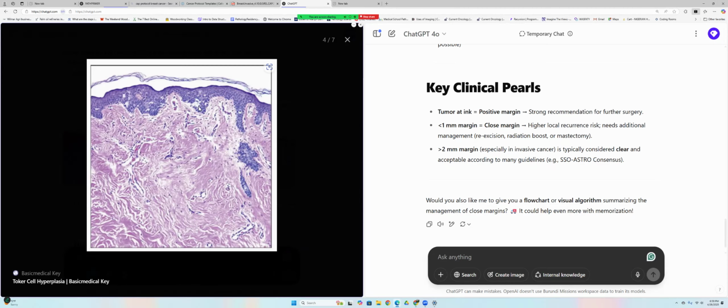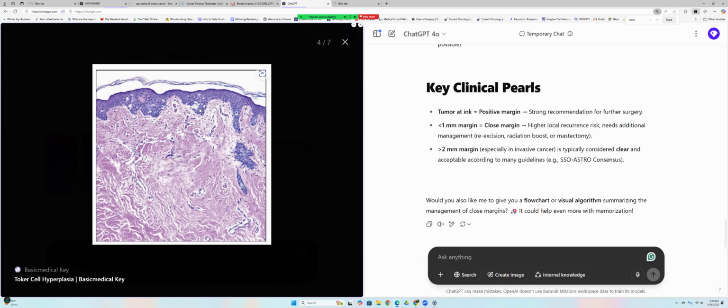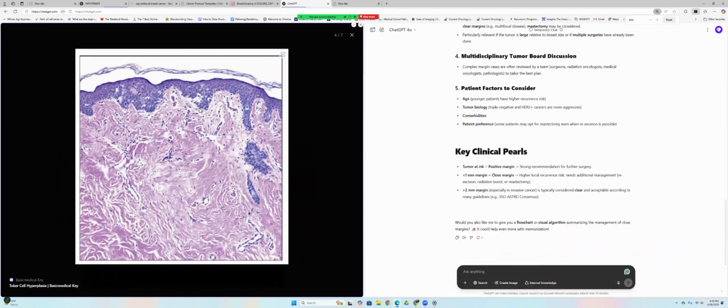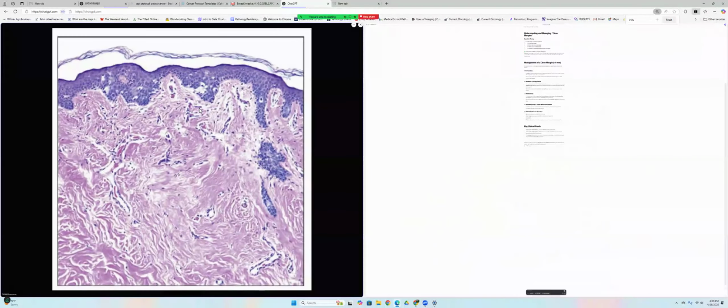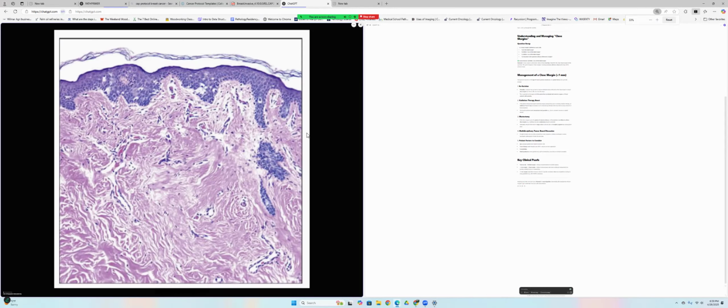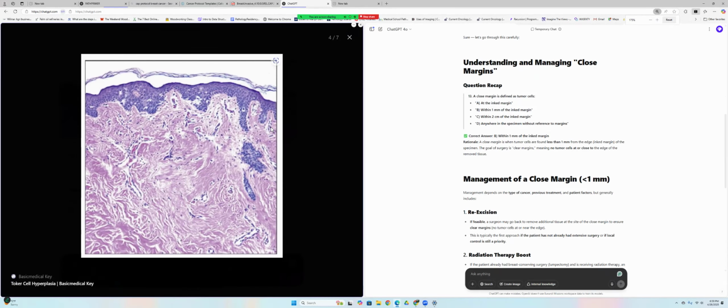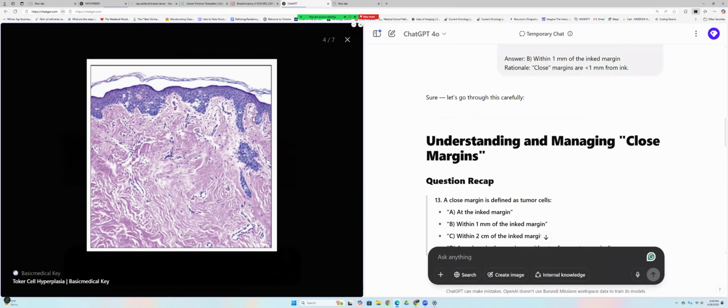If you look at this, let me make it larger. It looks very white, and it looks like Paget. But when you do CK7, it will be negative.